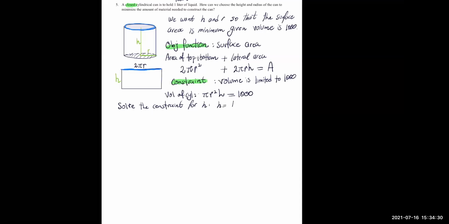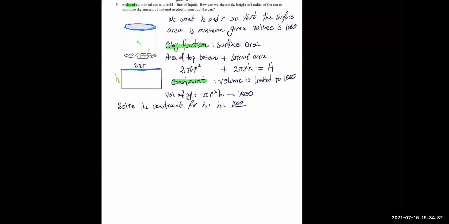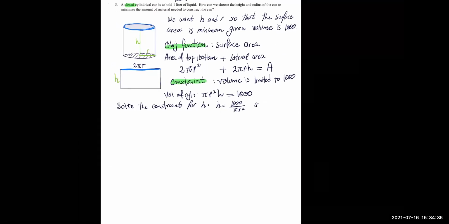H is 1,000 over pi r squared, and plug into the objective function.